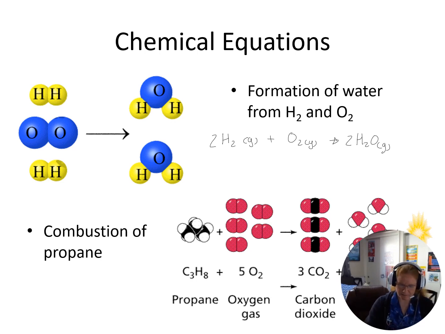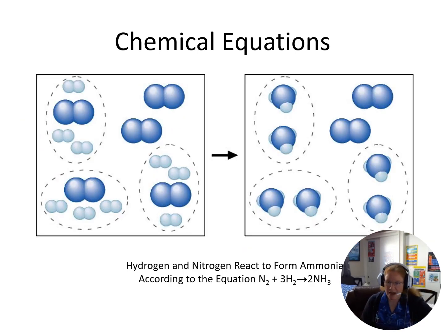And now I have a balanced equation. Sometimes when we do reactions, we get everything in a perfect ratio where nothing's left over. Other times, something like this, here I've got hydrogen and nitrogen reacting to form ammonia. I've got my equation down here.